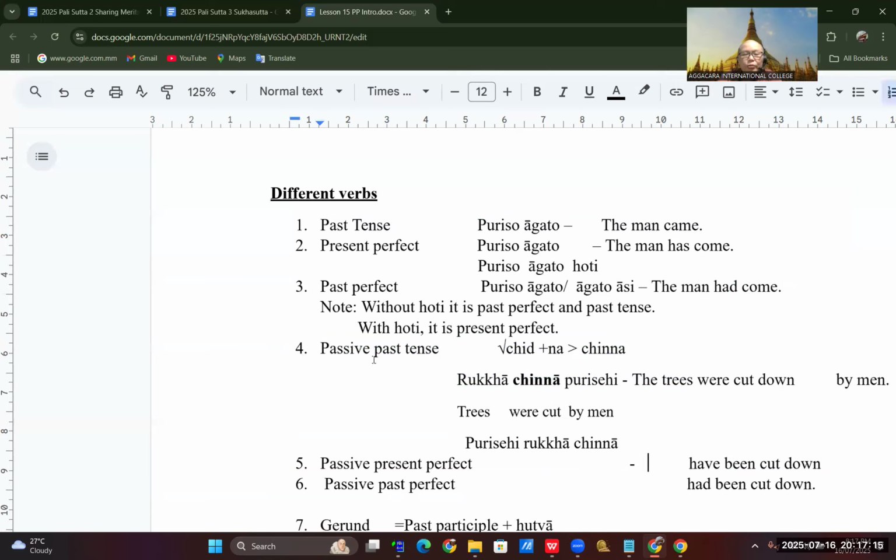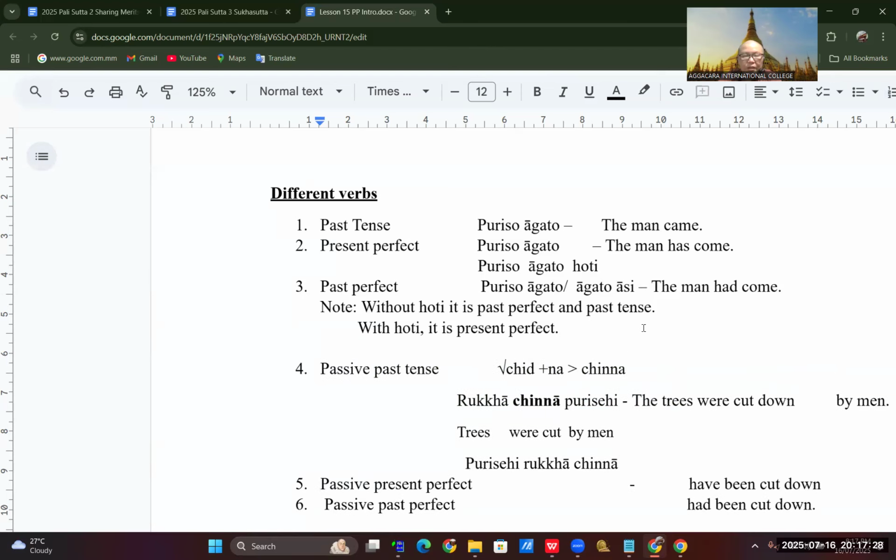If you want to make it passive, you can translate it with the same example as "have been cut" or "had been cut" by the man. So I think I better put this as number 4.